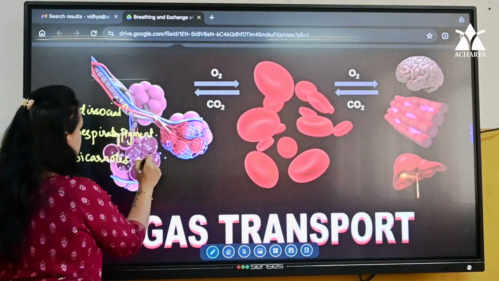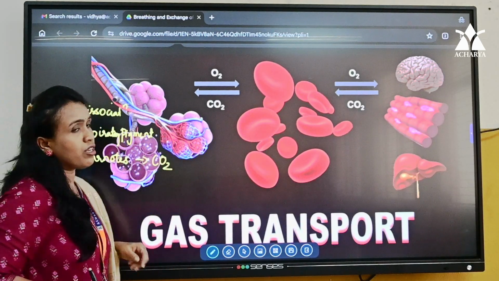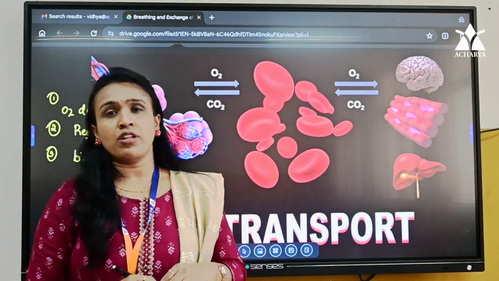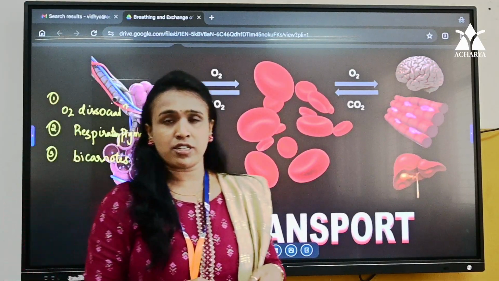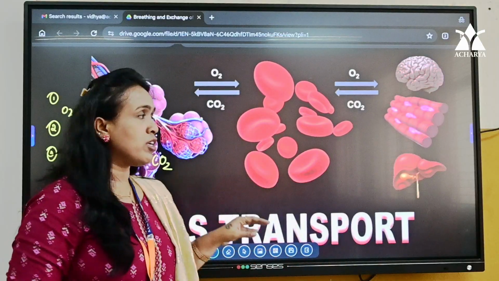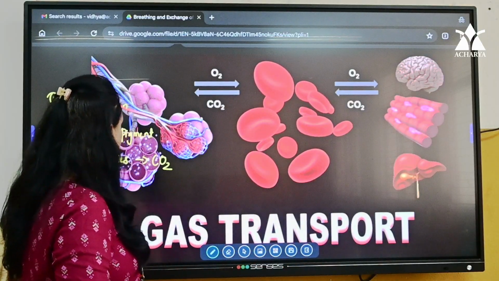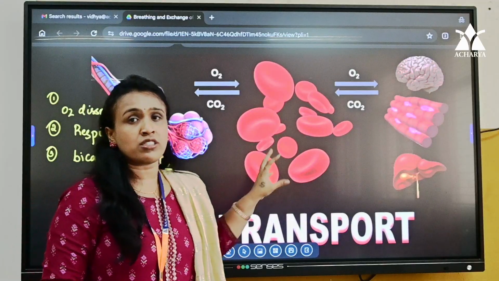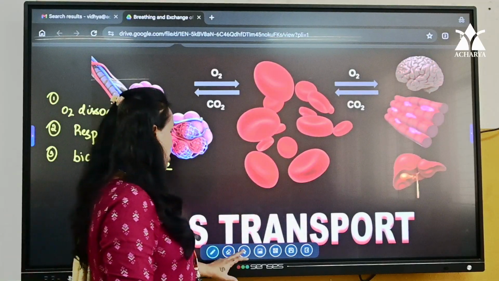So how is carbon dioxide transported in the blood? The highest amount of carbon dioxide transported in our body is as bicarbonate. So these are the areas that we need to cover in gas transport.